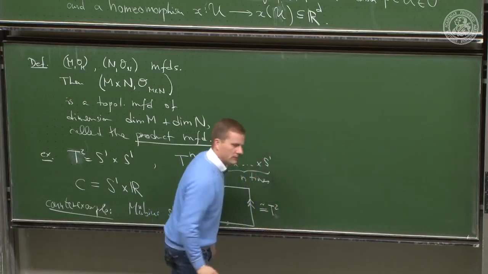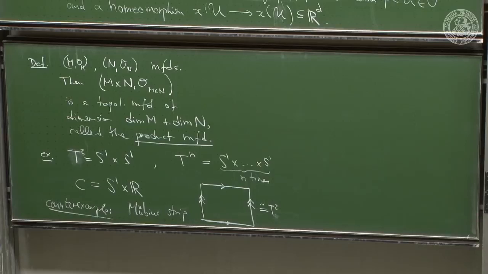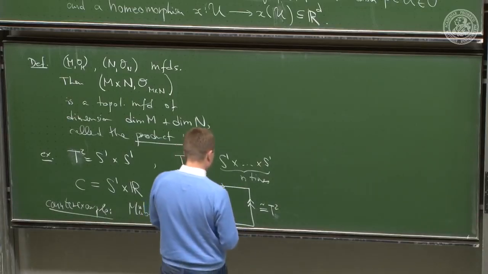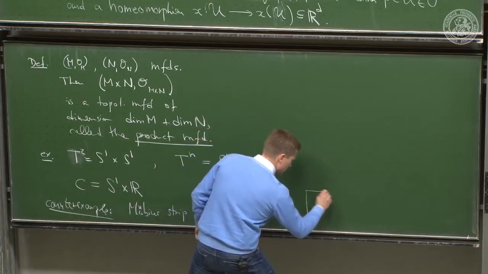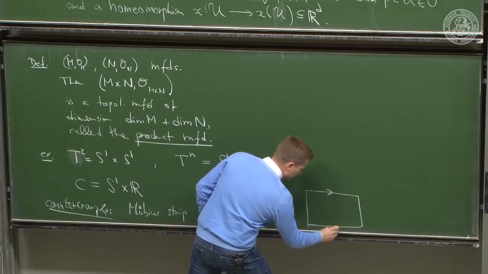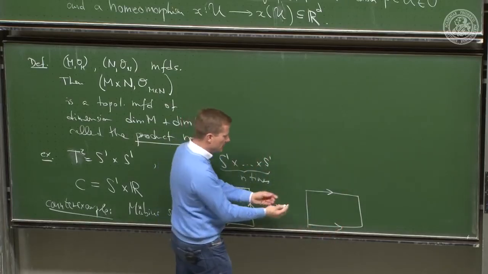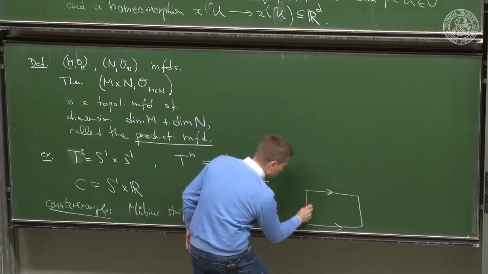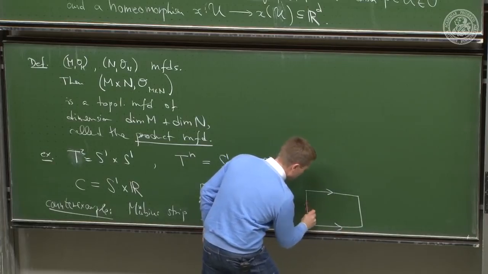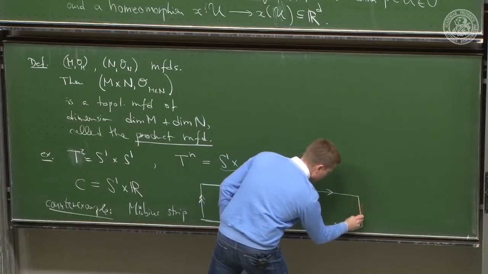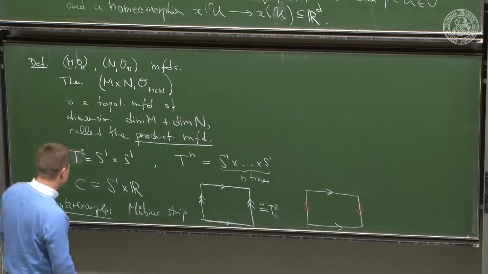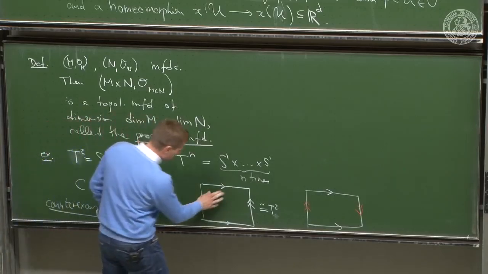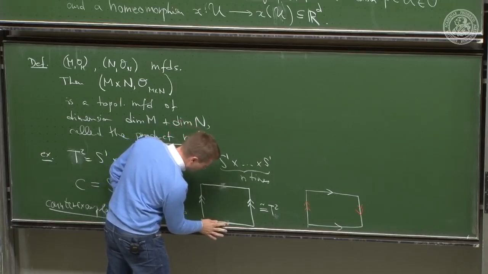But the counterexample to a product manifold is produced by identifying these two sides. So you can make the cylinder, and now you glue it together in this fashion. I'm sorry, that's already the Klein bottle. We don't identify these sides.